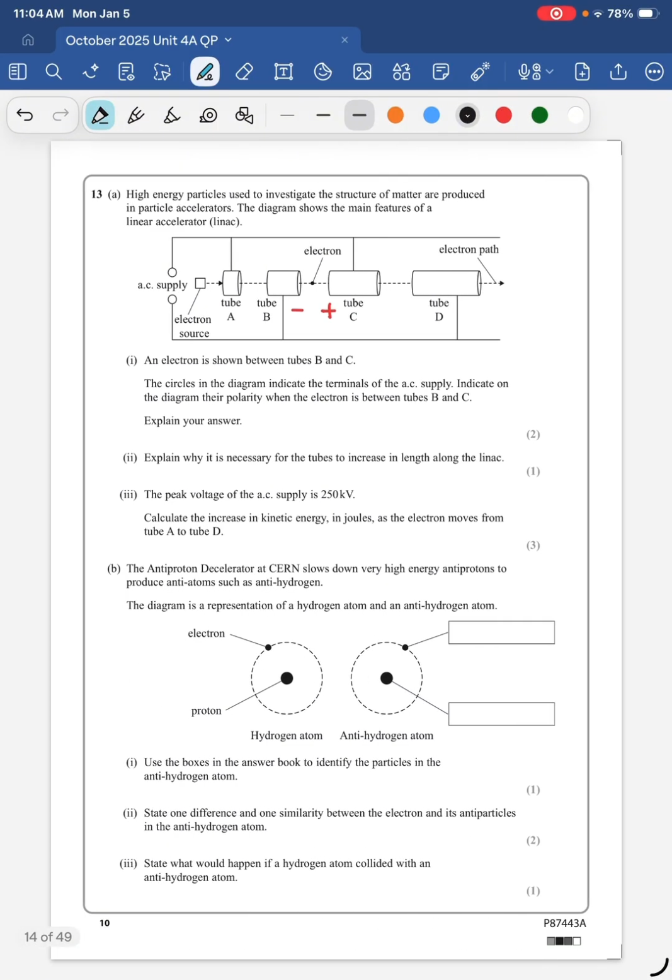Okay. Part 2. Explain why it is necessary for the tubes to increase in length along a LINAC.